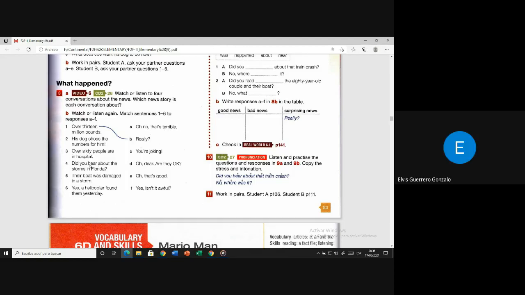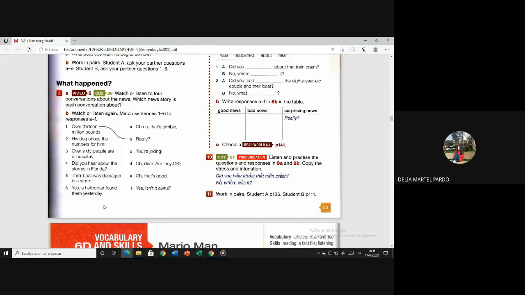Did you hear about the storms in Florida? Yes, isn't it awful? Sí, no es eso horrible. Their boat was damaged in a storm.